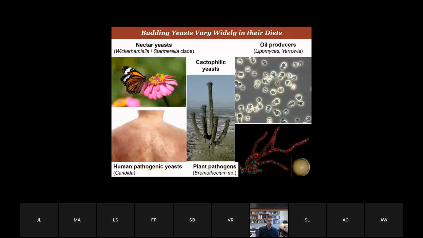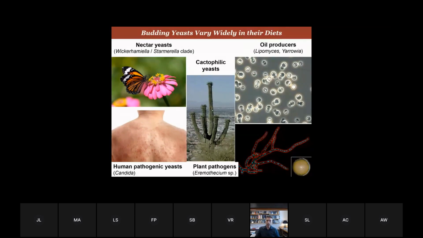Now, together with the genomic diversity, budding yeasts also vary widely in their diets. And so we have different species occupying all kinds of different niches. We have species that are nectar loving, and they live by feeding off the nectar of different flowers. We have yeast that live in the Sonoran Desert in Arizona and form really close associations with cacti in the desert, as well as with the Drosophila fruit flies that eat them.